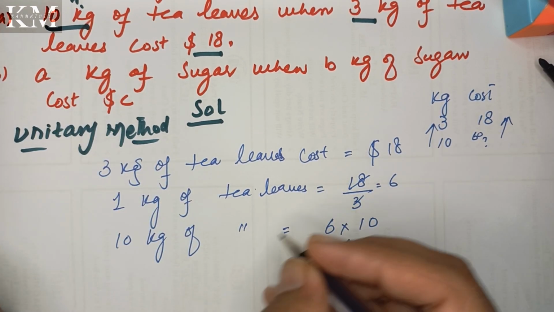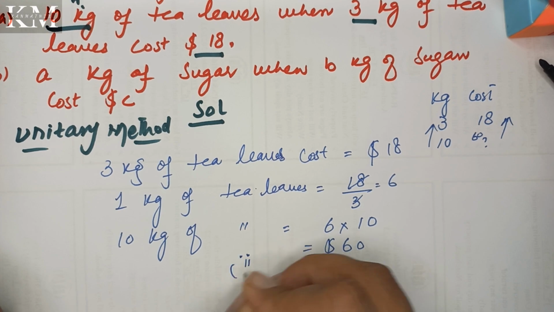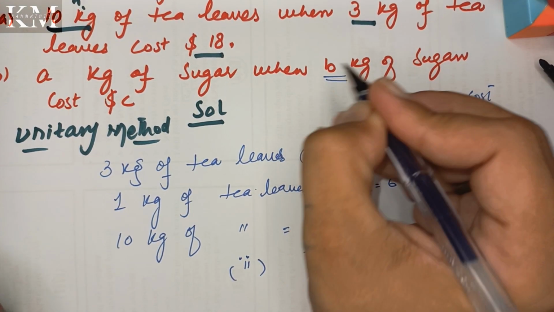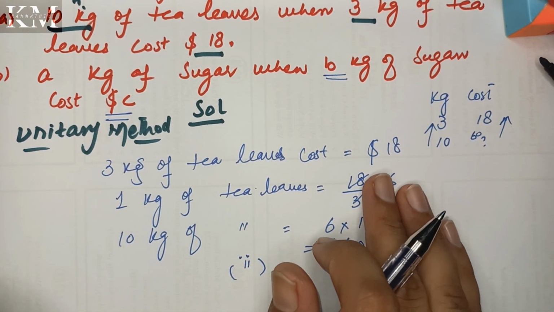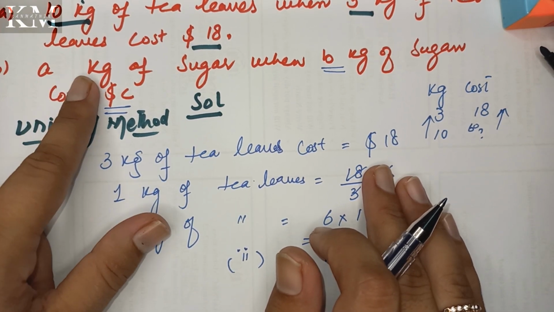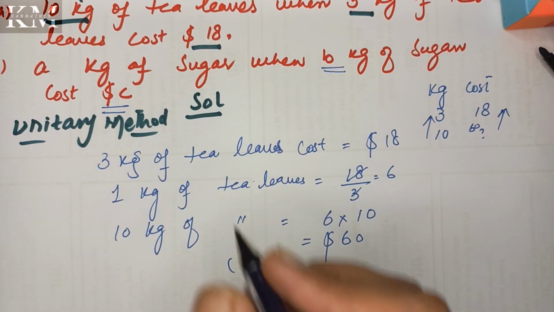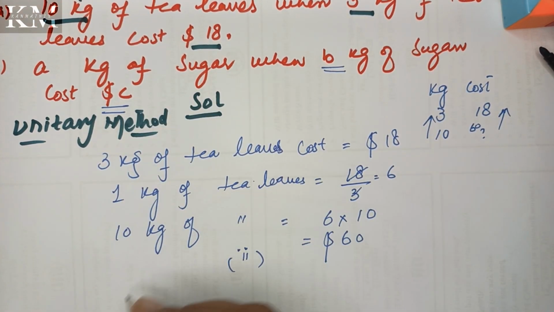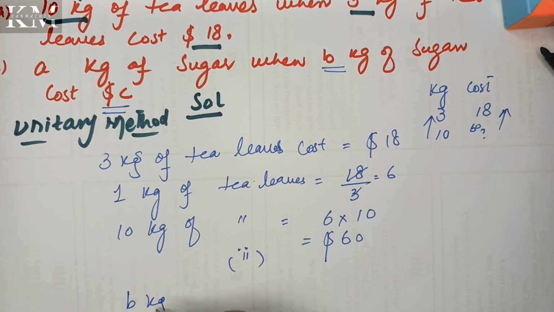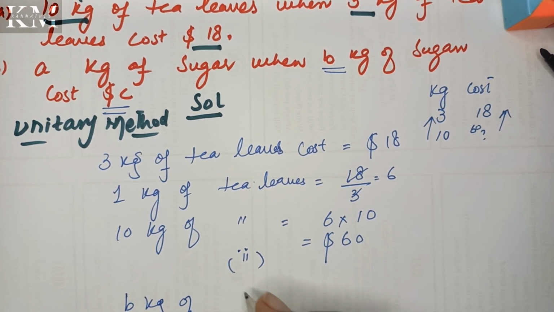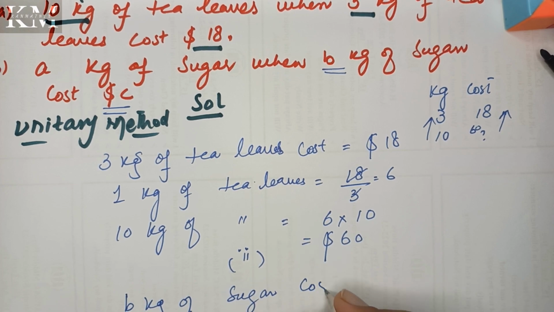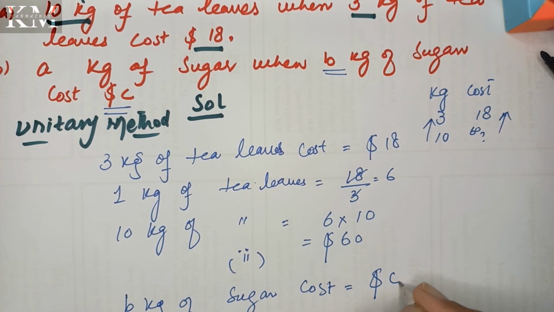So the method is the same. We first write the complete information which is given. We have to find A kg, but the information given is B kg of sugar. So we'll write that: B kg of sugar cost $C.